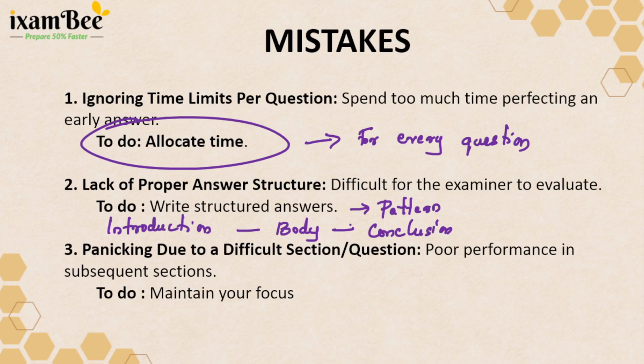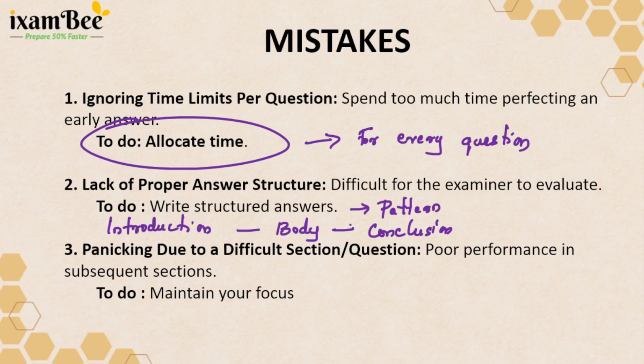Mistake 3 is panicking due to a difficult section of questions. This is very common. Students mostly perform poorly in particular sections, and for this reason they might perform poorly in the subsequent section as well.